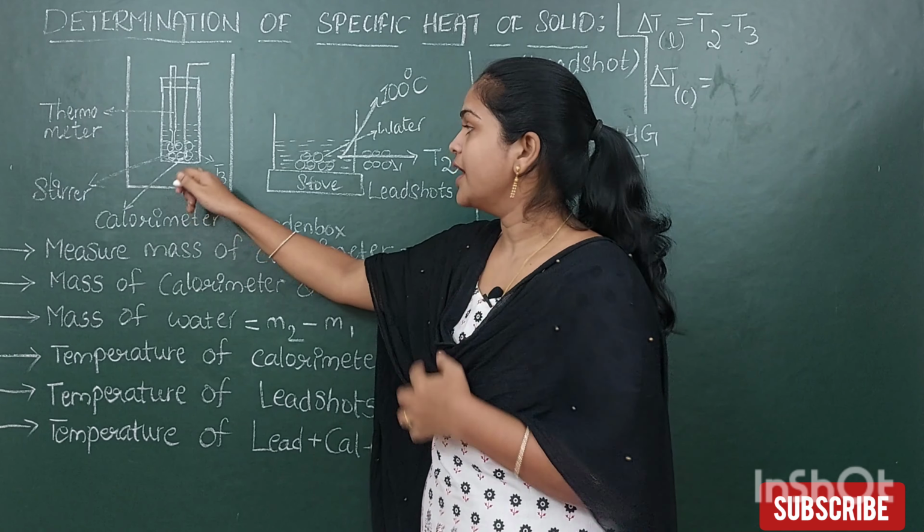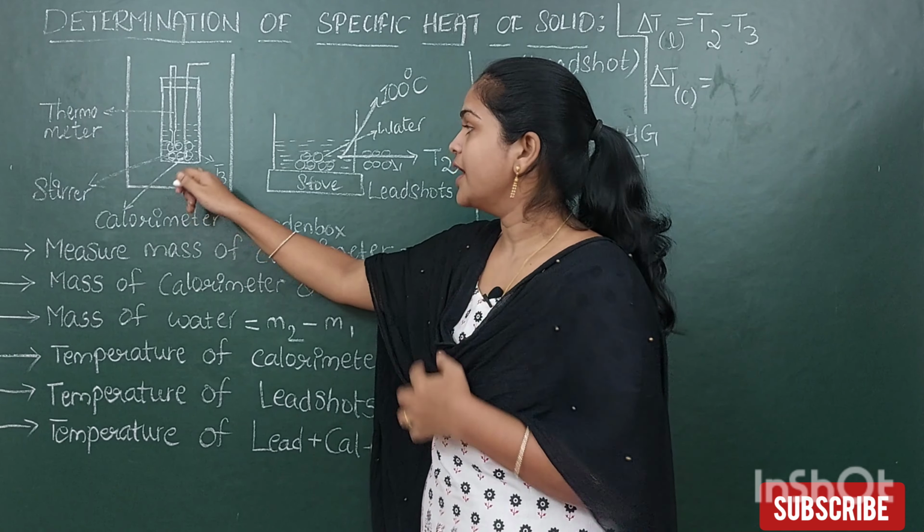Okay, now we have to substitute these values into this formula. We are going to find the specific heat of the solid, which is lead shots. First, the net heat loss is by lead shots, and this equals the net heat gain.